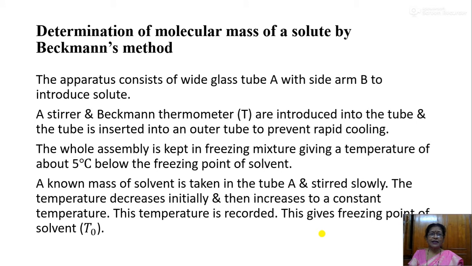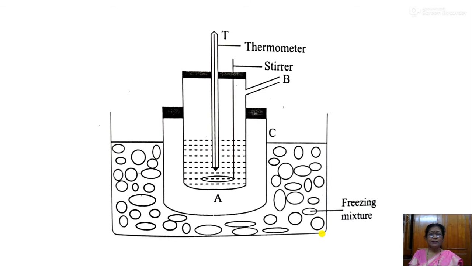Then the stirrer and a Beckmann thermometer T are introduced into the tube, and the tube is inserted into an outer tube to prevent rapid cooling. In the diagram, this inner tube contains the thermometer and stirrer, and the wide tube is kept in another jacket or outer tube to prevent rapid cooling.